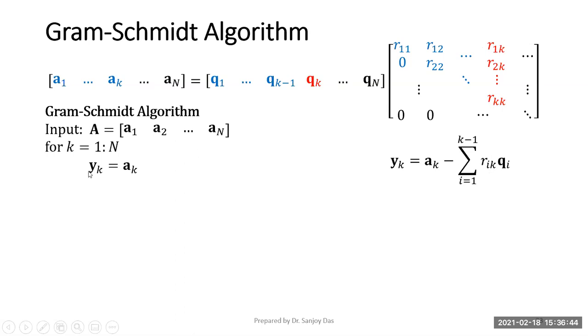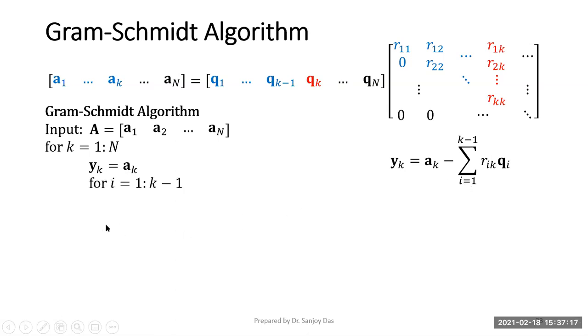So I have a for loop here. I work my way from the leftmost column, 1, all the way to the last column, n. For k equals 1 through n, what do I do? Find the residual. Well, residual is this, right? So I'll initialize YK to AK. And then I'll put this in another for loop here, for I equals 1 through k minus 1.